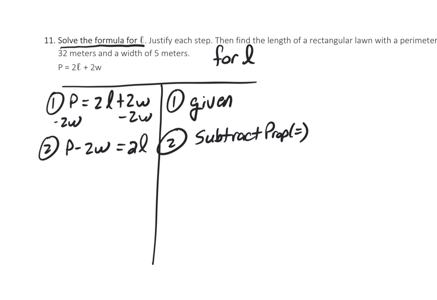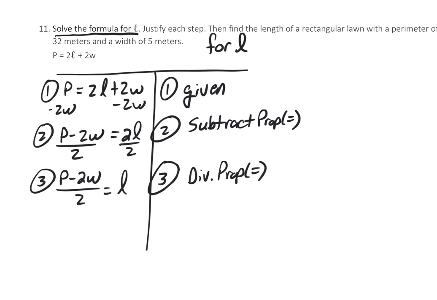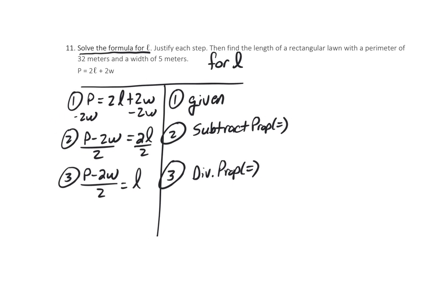What do we got to do to get L by itself here? Now we're going to divide. So we're going to divide by 2 on both sides. And that would be the division property. Okay, so that's the first part to this problem.